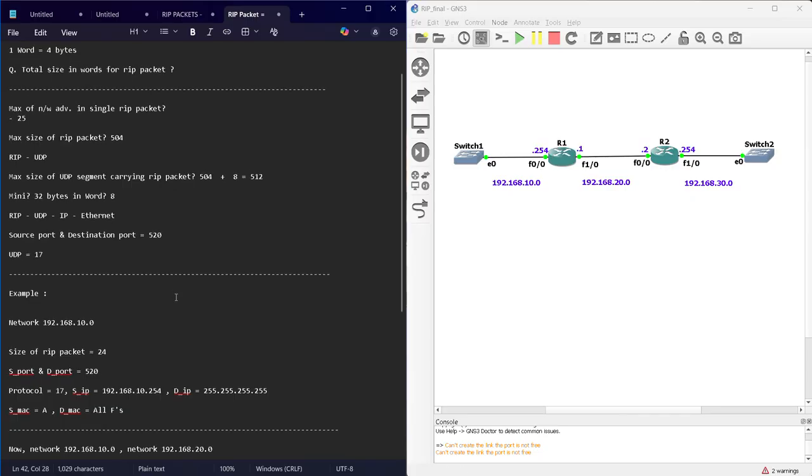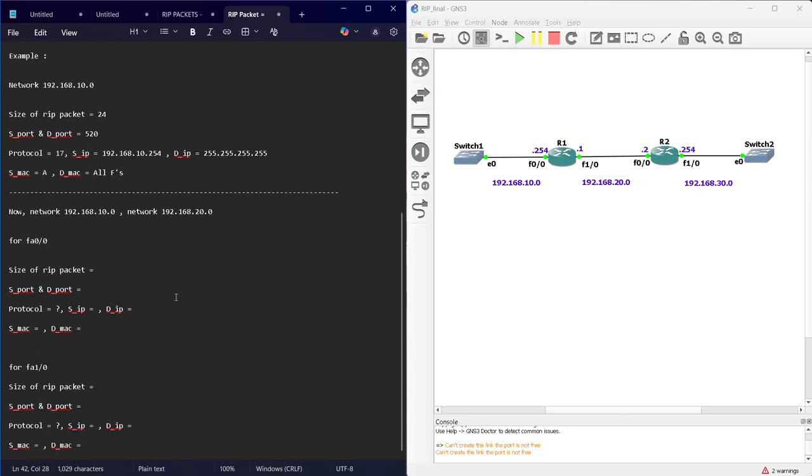That is 192.168.10.0 and also network 192.168.20.0. So let us understand for this FastEthernet 0/0. Initially when I'm advertising from this side, what is the size of the packet? Initially it was 24 because I was advertising just one network.